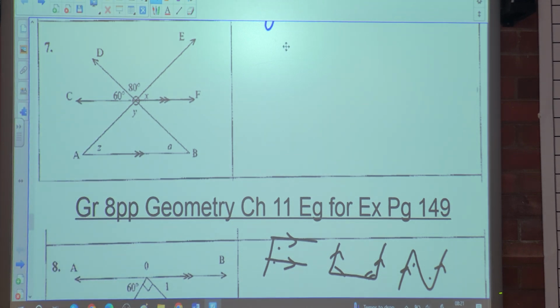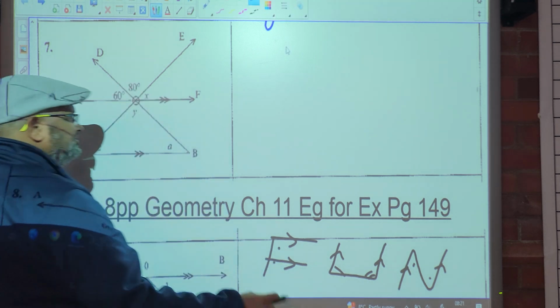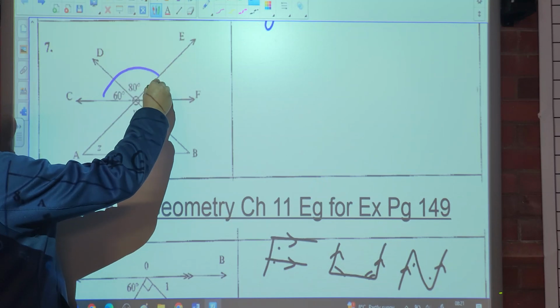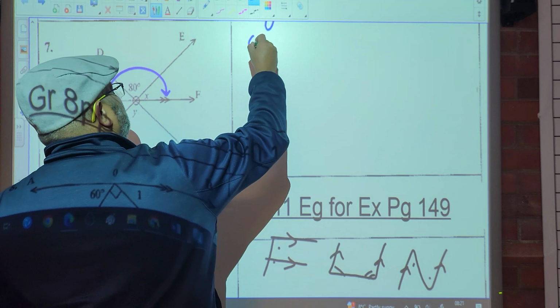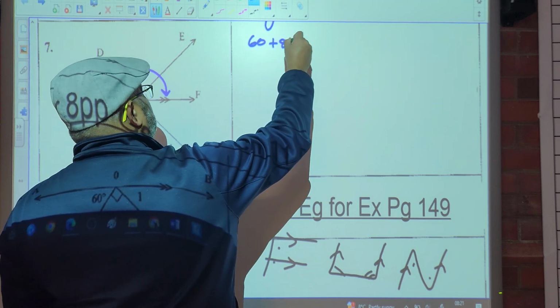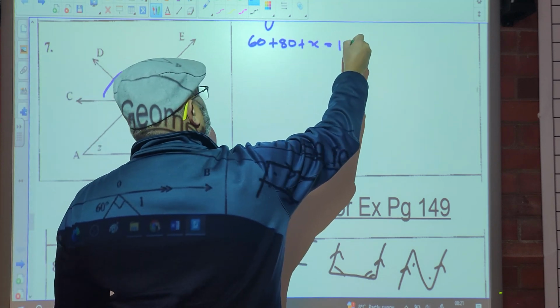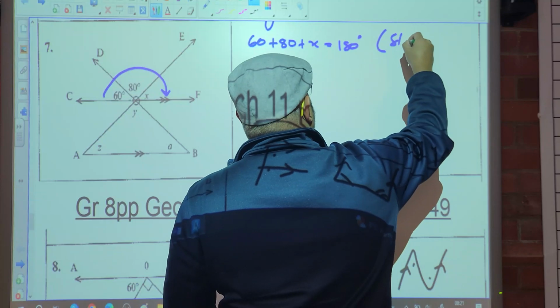So how are we going to calculate x? Angles on a straight line, and the angles on a straight line add up to 180. So 60 plus 80 plus x is equal to 180. Why? Straight line.